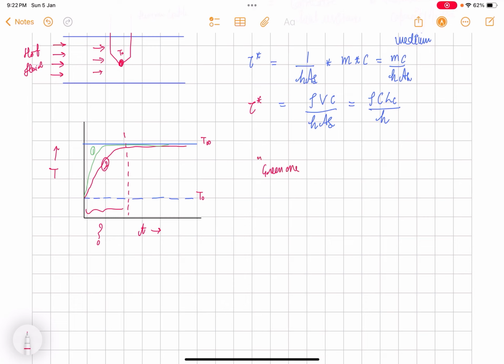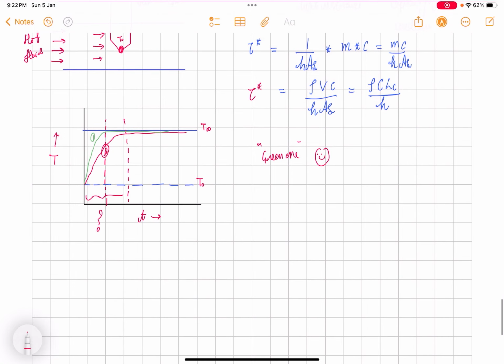Because it takes less time to reach the ambient fluid temperature compared to the second one. It means it has a fast thermal response, or in other words, a low thermal time constant.